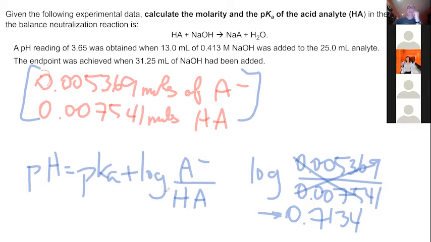Basically what you're asking here is what is 10 to the x equals 0.7134, and you're solving for x. So what's the log of 0.7134? Should be a number pretty close to 0, because 10 to the 0 equals 1. And we're pretty close to 1 here.